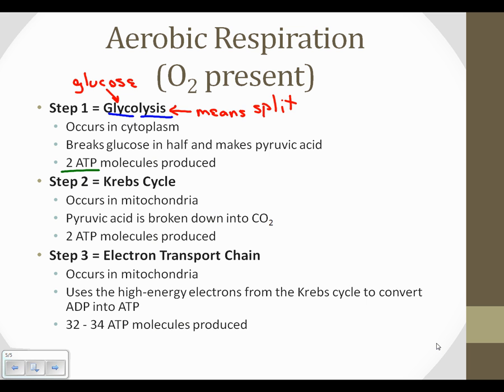Then we move on to the Krebs cycle. This actually occurs in the mitochondria, and what happens during the Krebs cycle, this pyruvic acid that was made during glycolysis, well, it's used during the Krebs cycle. It's broken down into carbon dioxide, and 2 ATP molecules are produced. So here we have 2 ATP molecules, not a lot of energy, but some energy.